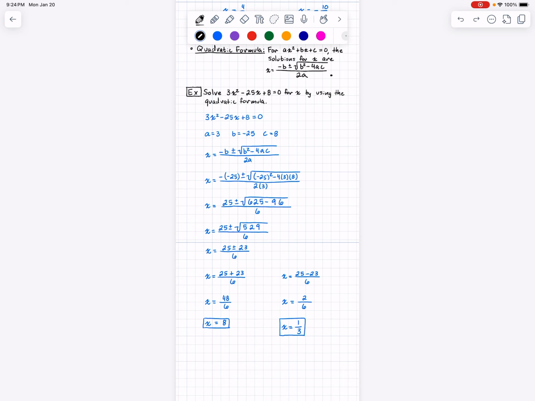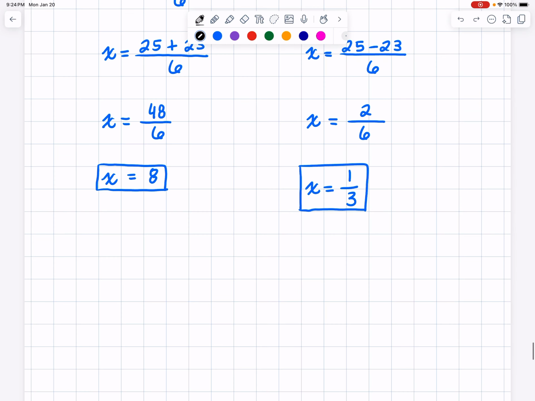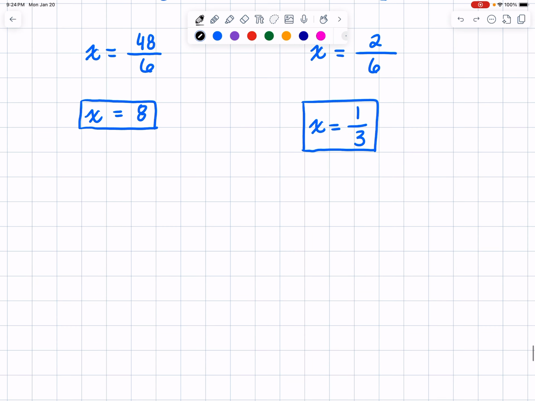The last thing we're going to talk about is the discriminant. The discriminant. So, this is the part under the radical of the quadratic formula.